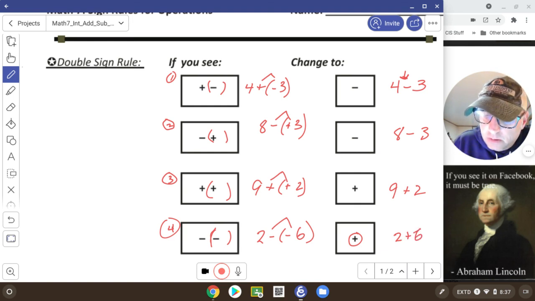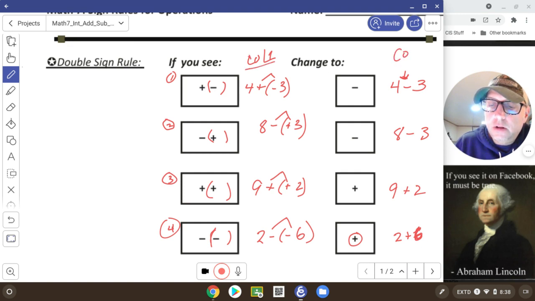Now, if we see these double signs, look at column 1 and look at column 2. If you look at the expressions in column 1 and then look at their equivalents in column 2, you can see how column 2 is so much cleaner and nicer.